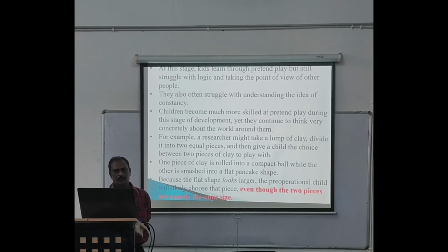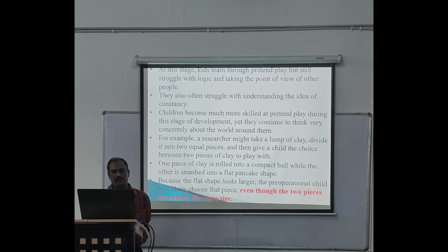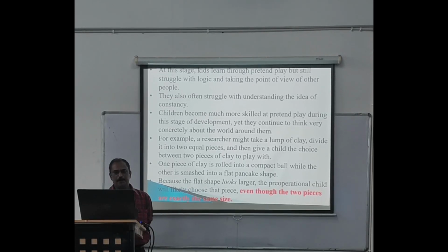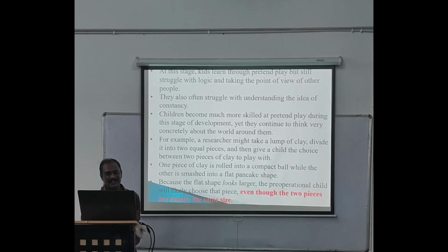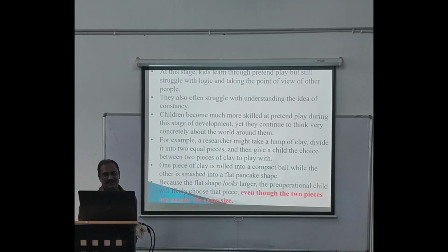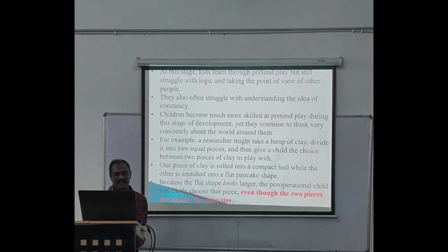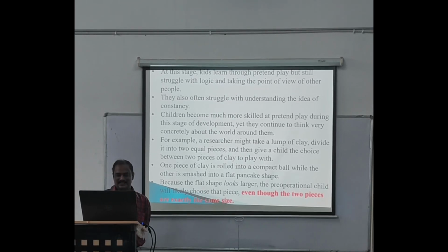One piece of clay is rolled into a compact ball, while the other is smashed into a flat pancake shape. The boy selects the pancake shaped one because the flat shape looks larger. The pre-operational child will likely choose that piece, even though the two pieces are exactly the same size.